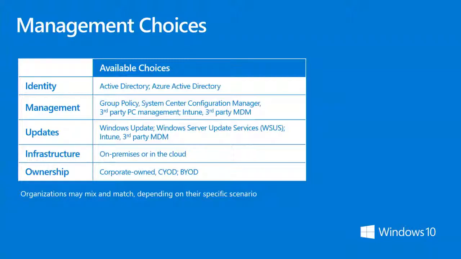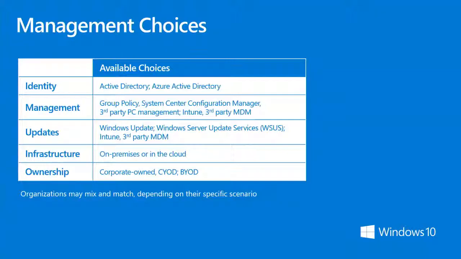So we've got all of these different pieces, and you can mix and match them into different scenarios. We don't expect you to choose just one. We would expect you to use a scenario that fits the way the device is being used. You may have a large population of machines that are routinely connected to the corporate network, and you want those to be Active Directory joined, managed using group policy, managed using System Center.